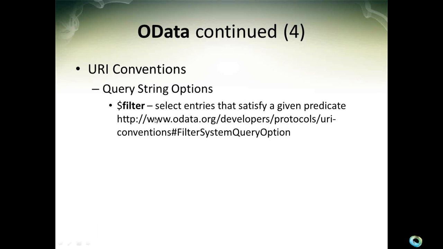I've put a direct link to this page here, so you can check it out. And basically, these are the most important things from the Open Data Protocol in terms of how we can work with it, how we can read and work with data, how we can page, sort, and filter data.